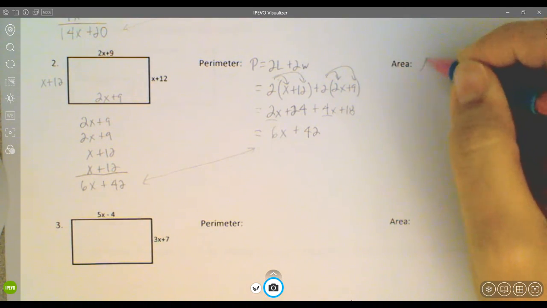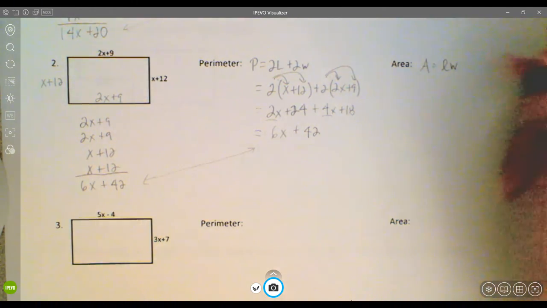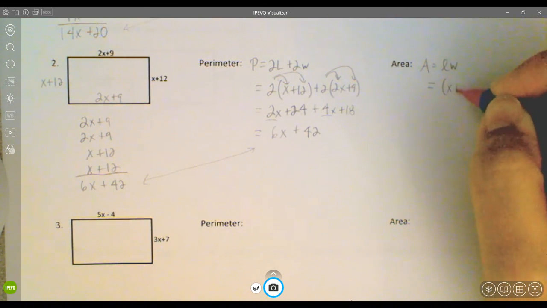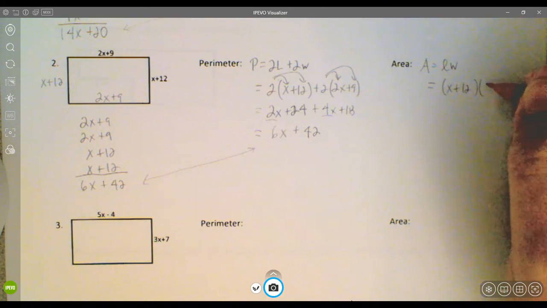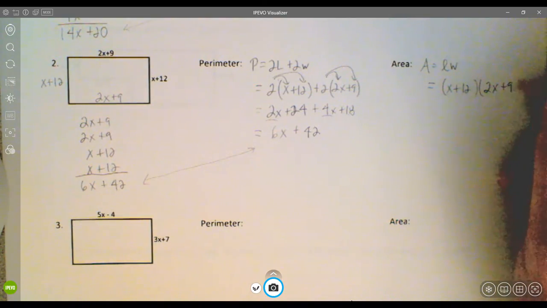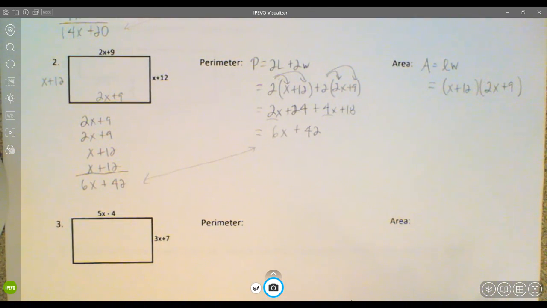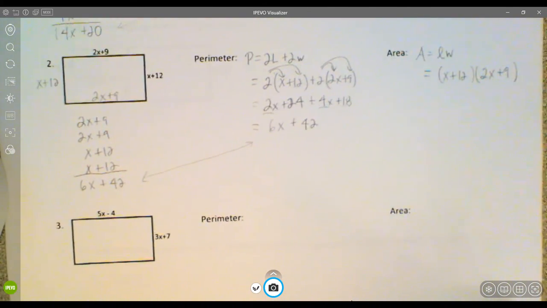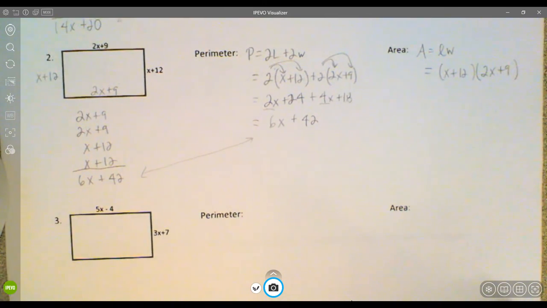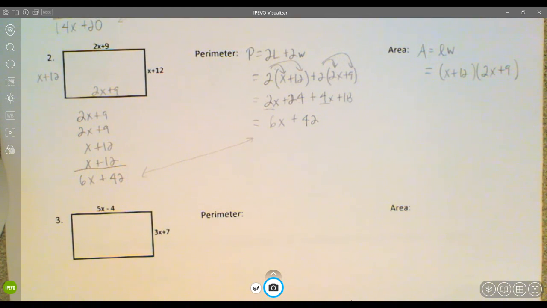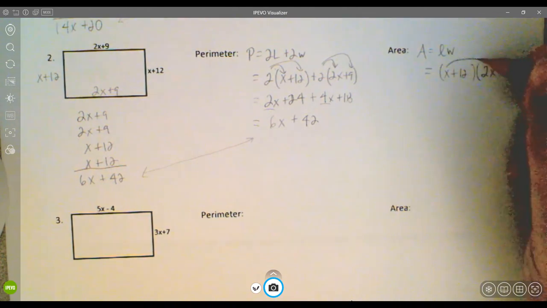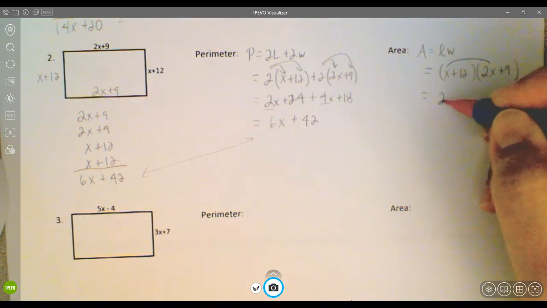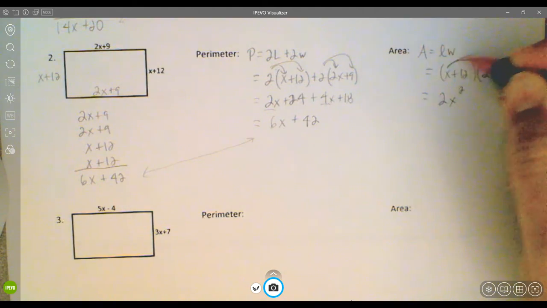Okay, my area is the length times the width. So I want to take x plus 12 times 2x plus 9. All right, and so when I do that, let's see what we get. I'm going to FOIL this. x times 2x is 2x squared.